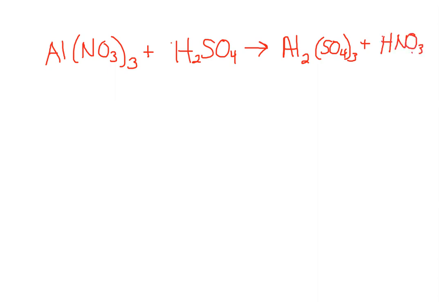Whew, this one has a lot. So let's see what we've got. On this side, to start with, we've got 1 aluminum. And this 3 has to distribute to both the nitrogen and the oxygen. So that gives us 3 nitrogen and 3 times 3, 9 oxygen. So that's what we've got right there.